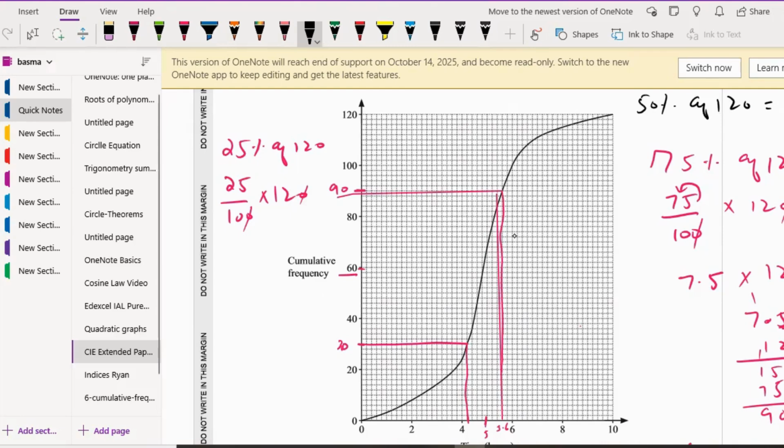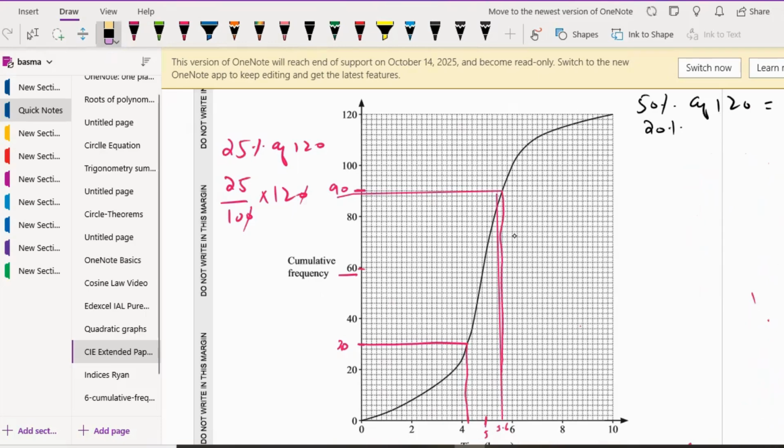Then what will be the 30%? 25% you checked was 30. And if you think it is hard, you can just find 70% of 120, which will be 70 divided by 100 times 120.